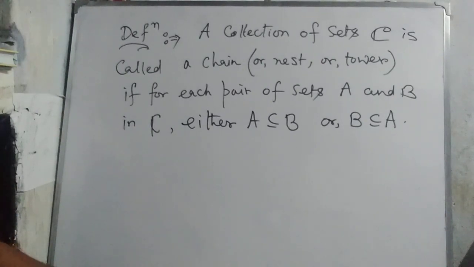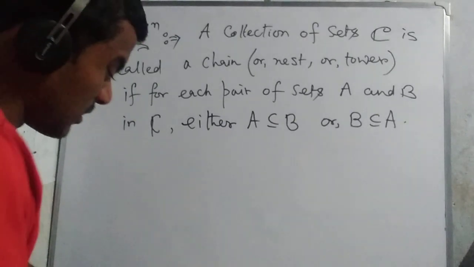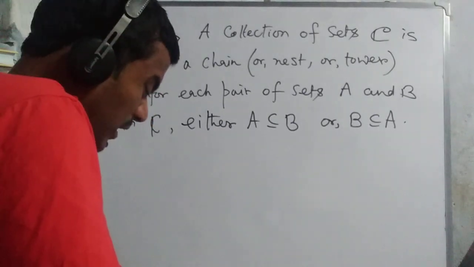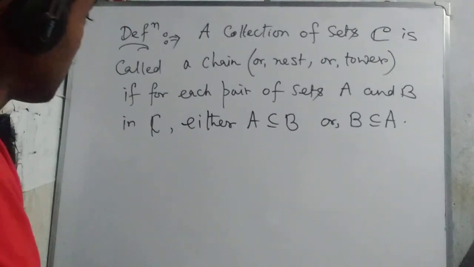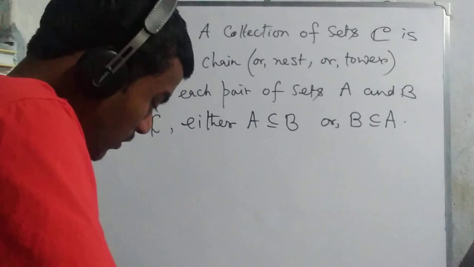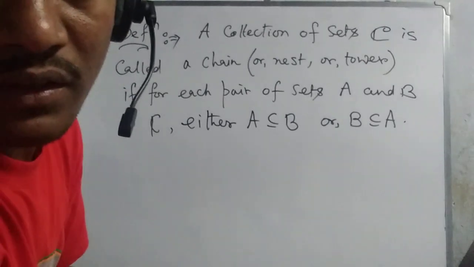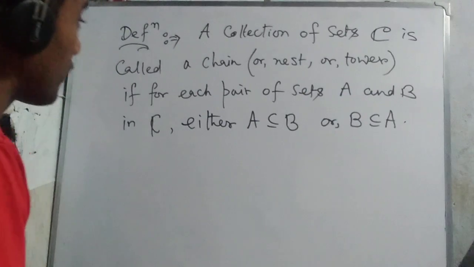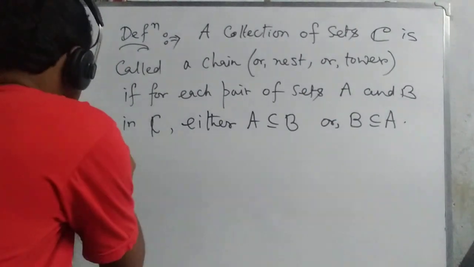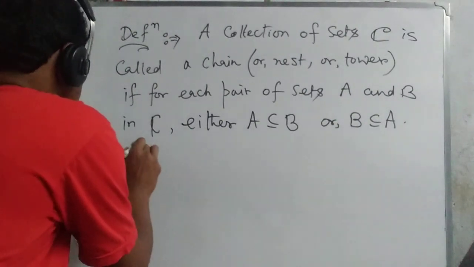That means a collection of sets C is called a chain when for each pair of sets A, B in C, either A subset of B or B subset of A happens. Then we give some examples related to that topic.